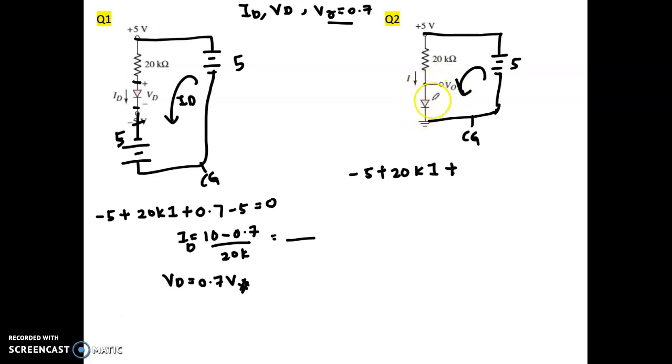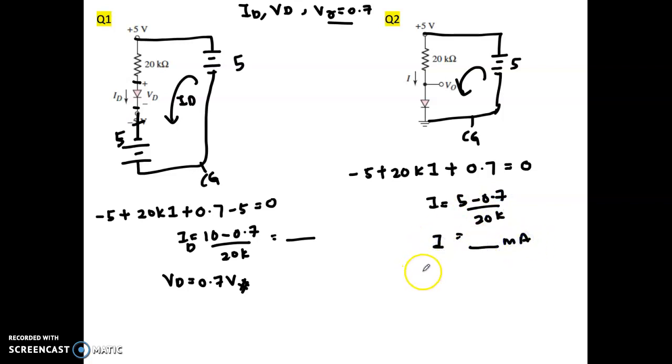So the voltage drop inside the diode is actually your V gamma, right? 0.7 equal to 0. And then you can get your I equal to 5 minus 0.7 divided by 20K. The current will always be in milliampere.